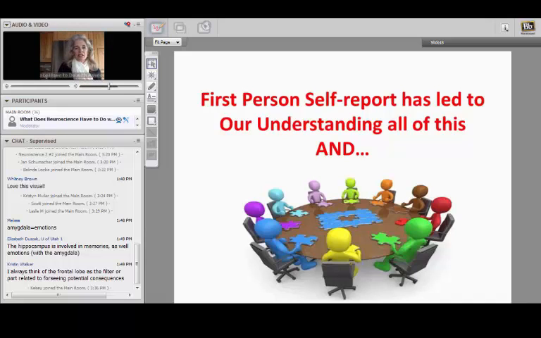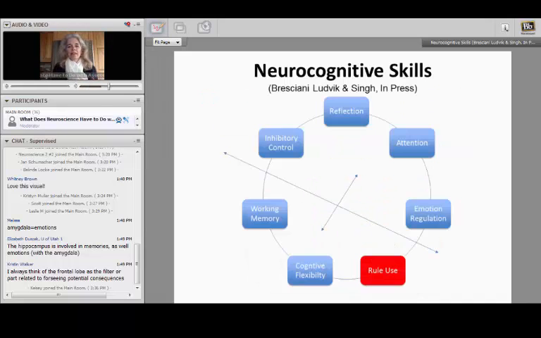And if we're still using direct evidence and indirect evidence, we can then begin to see how we can influence these neurocognitive skills, if you want to switch the language and say learning outcomes at the top, like reflection, ability to pay attention, ability to regulate emotion, and again, that does not mean avoid, suppress, or deny, but also with this idea of inhibitory control.